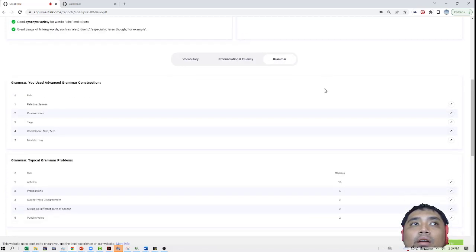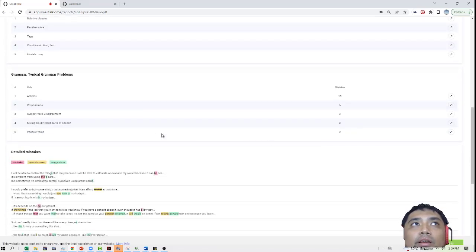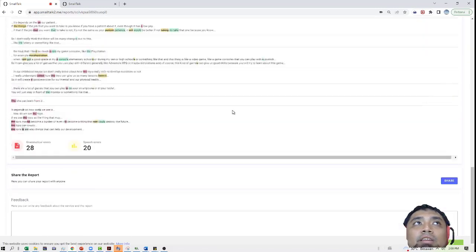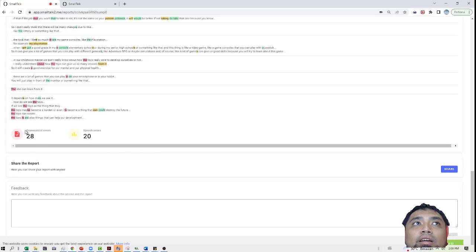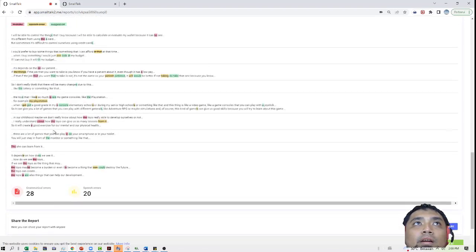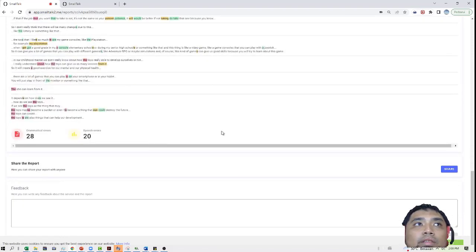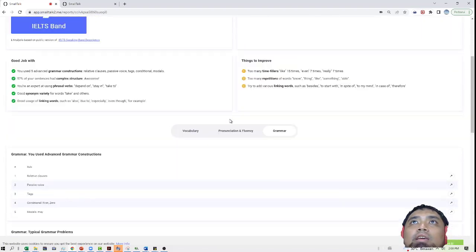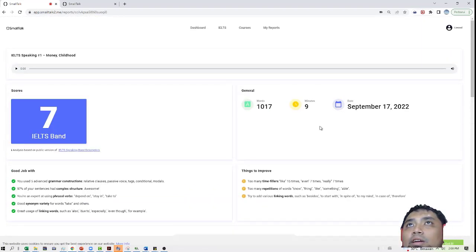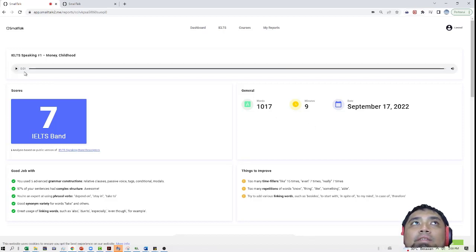Sedangkan grammarnya di sini ada banyak grammar mistakes ya. Nah, di sini juga kita diperlihatkan kira-kira grammatical errors-nya seperti apa, atau speech errors-nya. Kita diberikan masukan seperti ini ya. Jadi seperti itu kira-kira. Kalau mau didengarkan kembali nanti bisa didengarkan di sini ya.